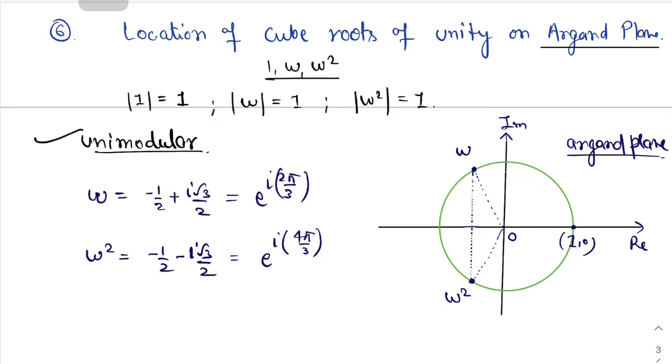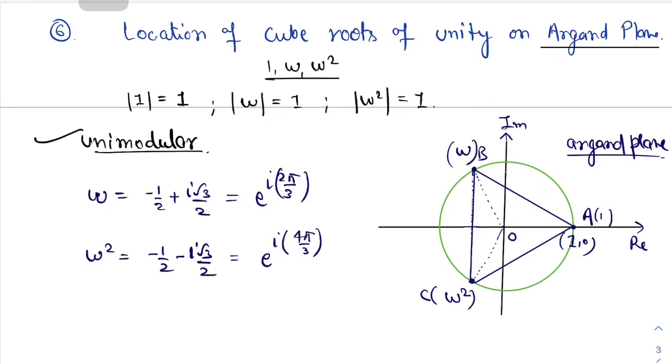If I join these three complex numbers, we are going to get an equilateral triangle. You can see this triangle, let me say points A, B and C. This ABC is an equilateral triangle.